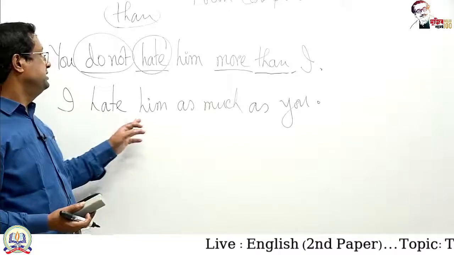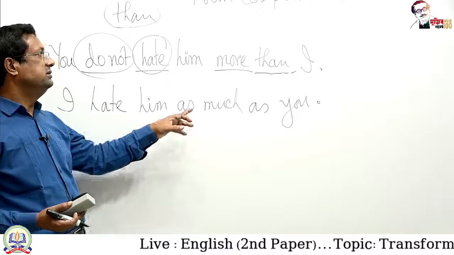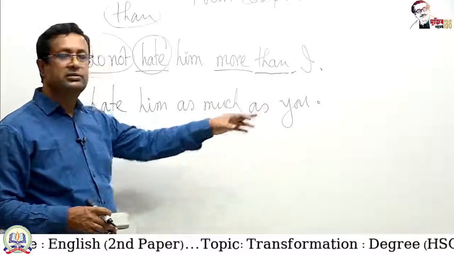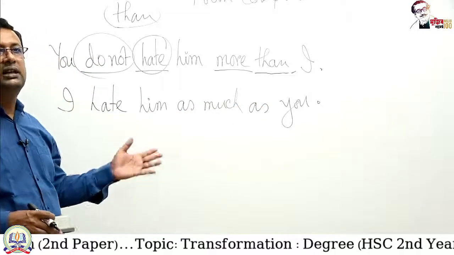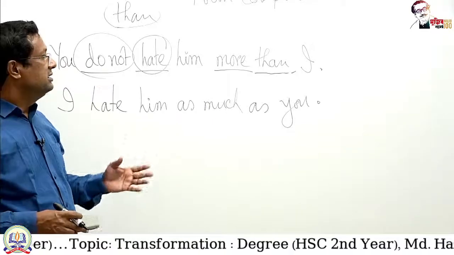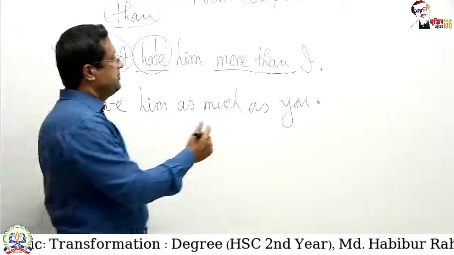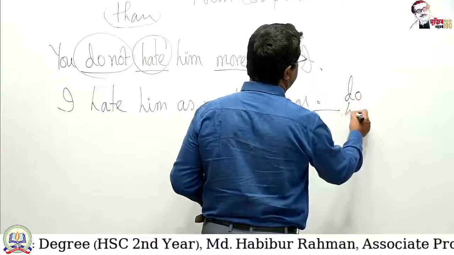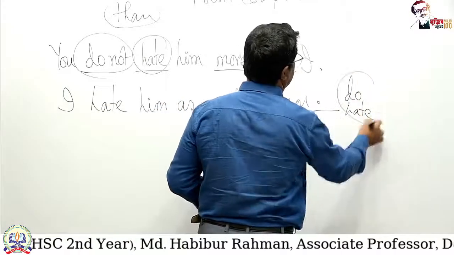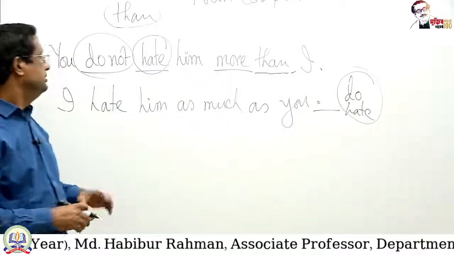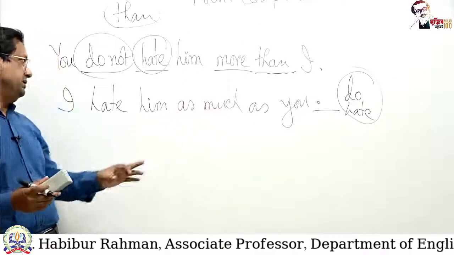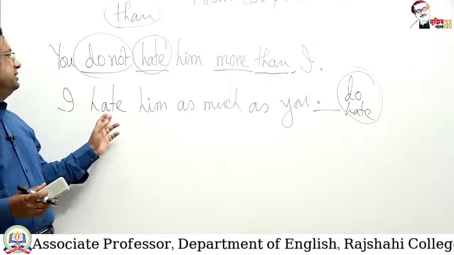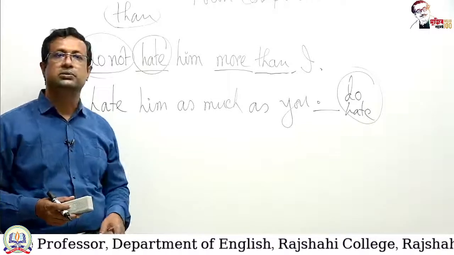So I hate him as much as you. And if you extend the sentence, you will find do, as you do, or as you hate. And in case of that change, we don't mention do or hate. We end with the subject only, as the verb is common. I hate him as much as you.